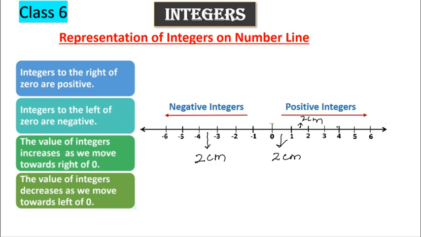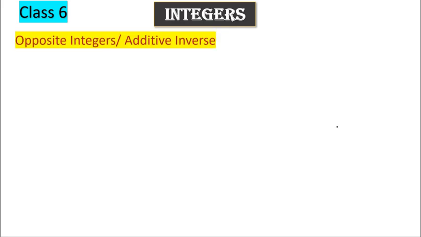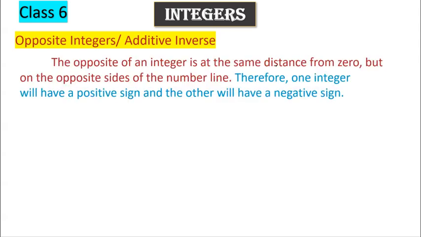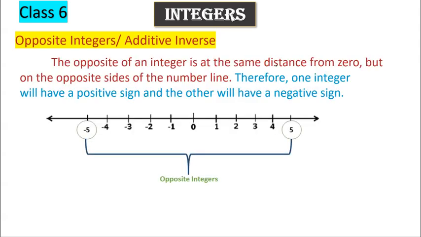Now we shall learn opposite integers. In other words, it's also called the additive inverse. The opposite of an integer is at the same distance from 0 but in the opposite direction on the number line. Therefore, one integer will have a positive sign and the other will have a negative sign. Look at this number line.